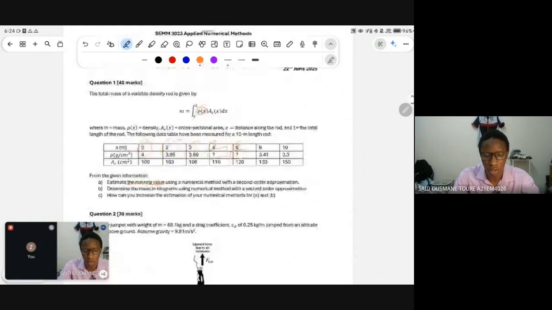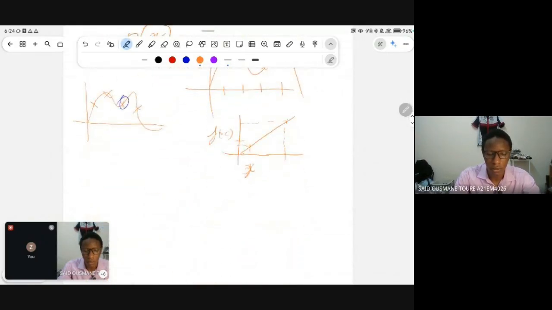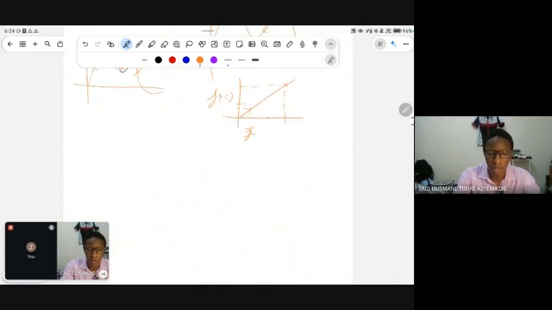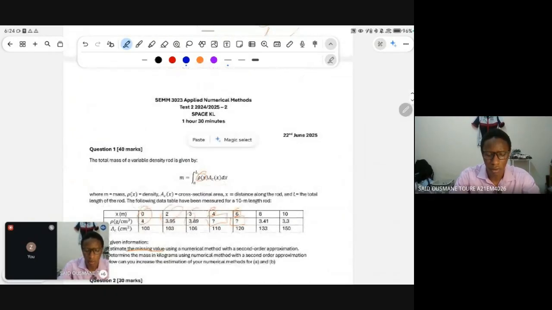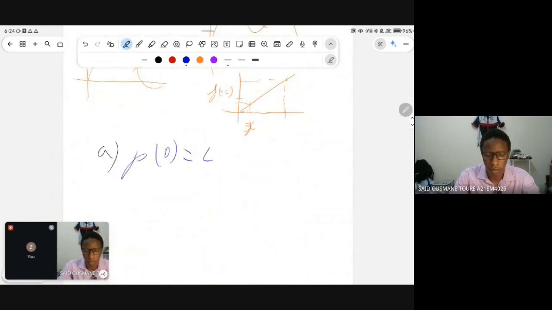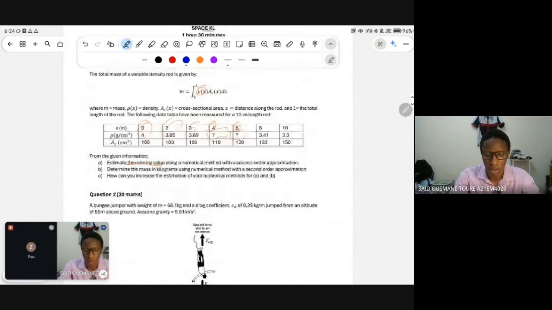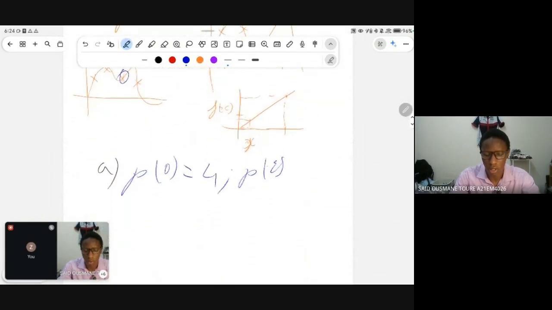So we start with A. You have rho of 0 equals to, I believe, 4. Rho of 2 equals to 3.95.